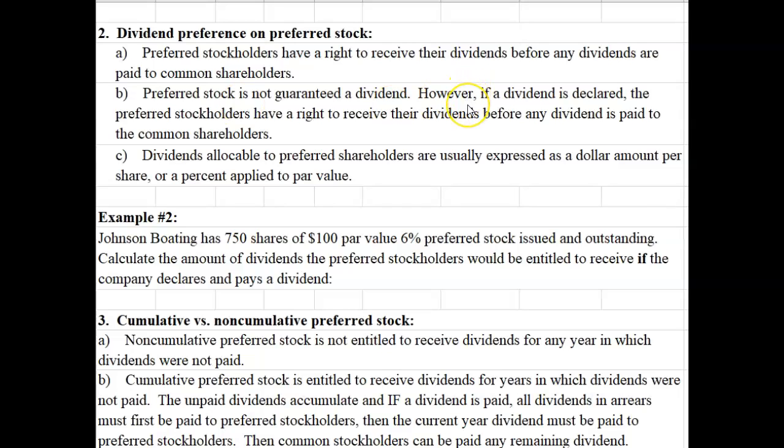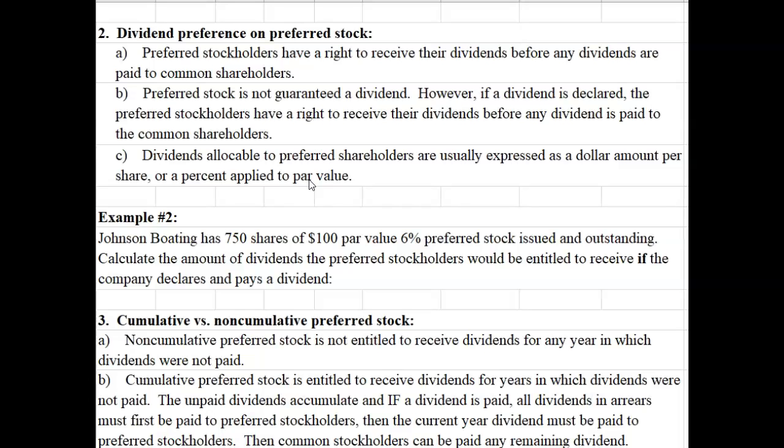However, if a dividend is declared, the preferred stockholders have a right to receive their dividends before any dividend is paid to common shareholders. Dividends allocable to preferred shareholders are usually expressed in a dollar amount or expressed as a percent applied to the par value.